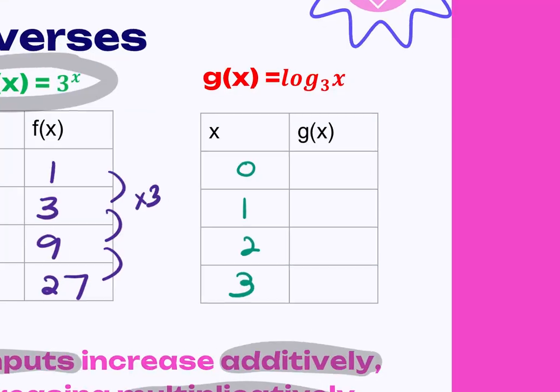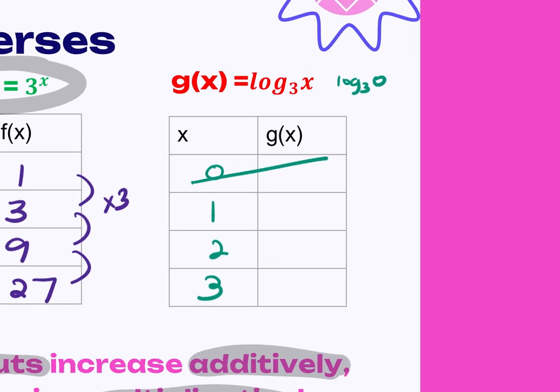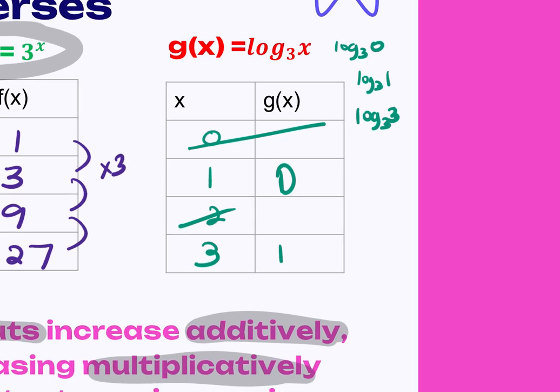Log base 3 of 0, is that possible? No, so this one's not possible, but log base 3 of 1, what's that? That's 0. I'm going to skip over 2. Log base 3 of 3, that's what? 1. So this time, on the right you're adding 1, and on the left you're multiplying by 3. So we'd switch it.